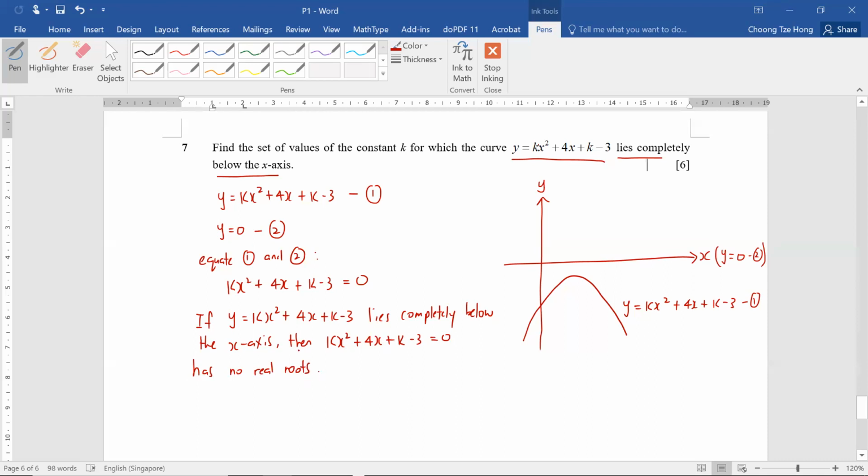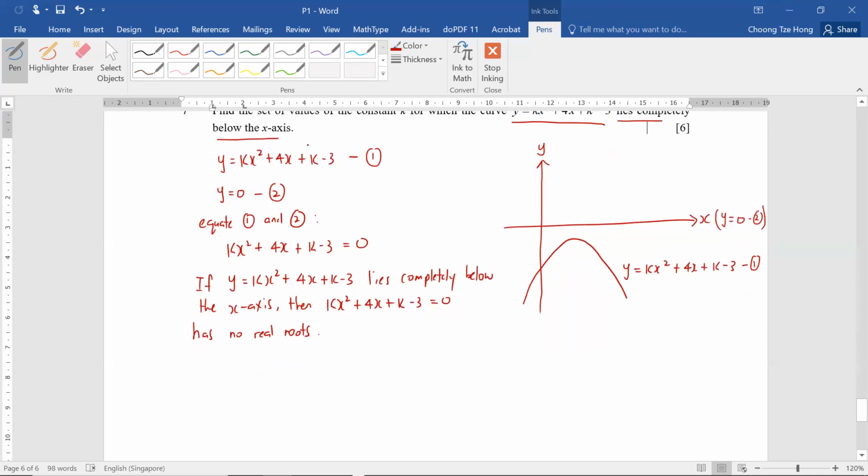This brings us to the next idea, the discriminant. If a quadratic equation has no real roots, what can we say about the discriminant? You should recall that the discriminant would be less than 0.